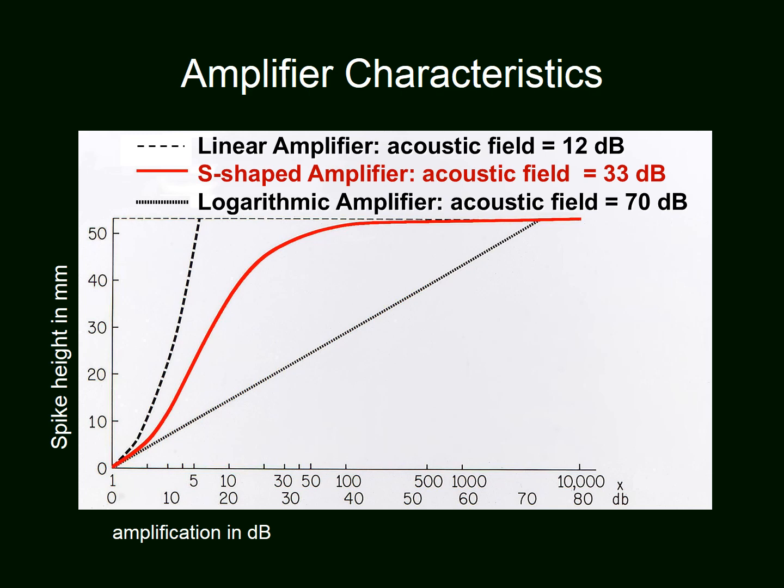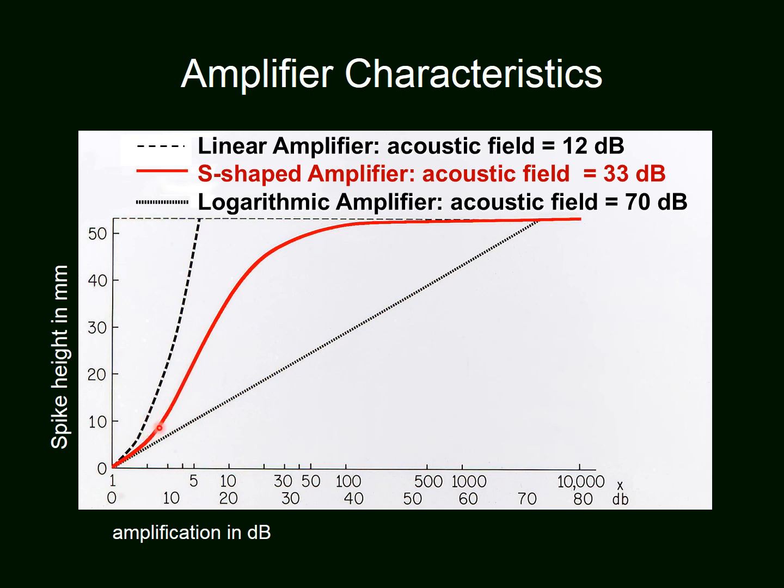Standardized echography utilizes an S-shaped amplifier curve for the A-scan display. It is a compromise between the linear and the logarithmic amplifier, combining the advantages of those two and avoiding their disadvantages.